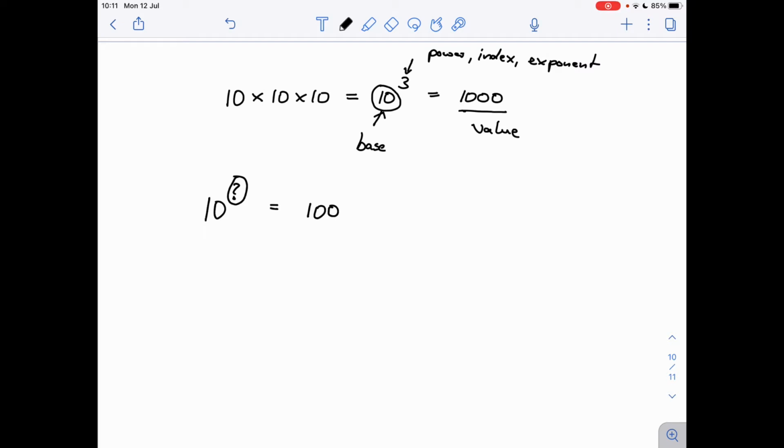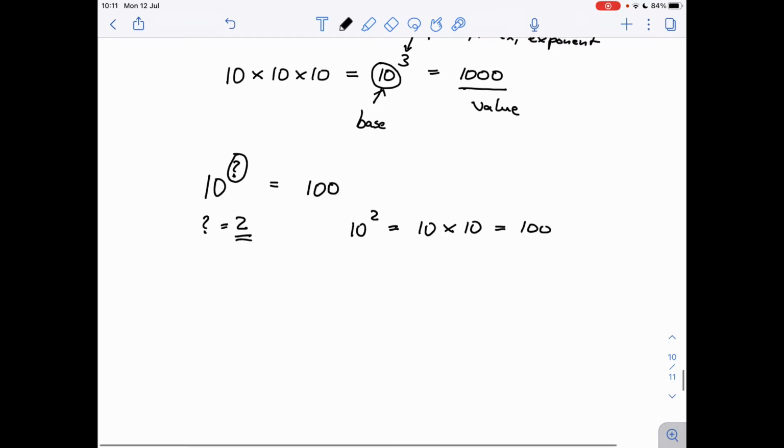Of course, our intuition tells us that the question mark must be 2. And we can very easily check that. We would have 10 to the power of 2, which is the same as 10 times 10, and indeed this is 100. So our intuition was right.